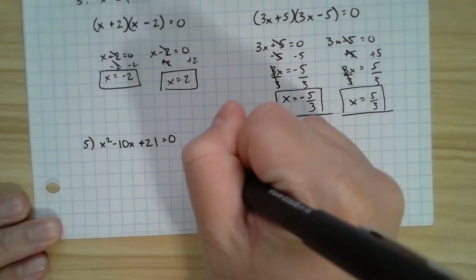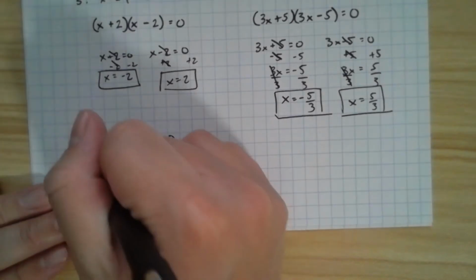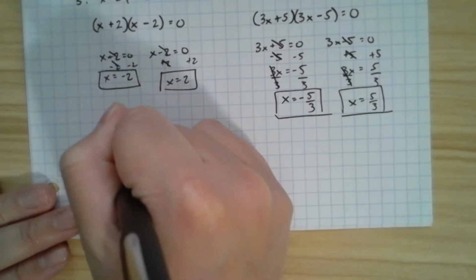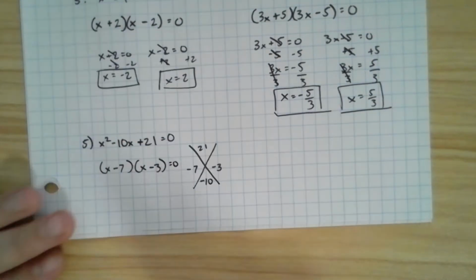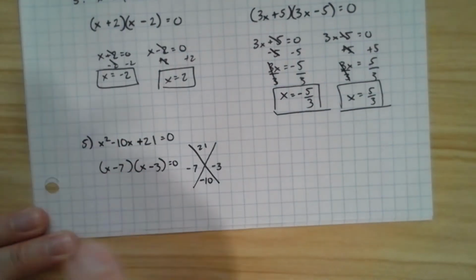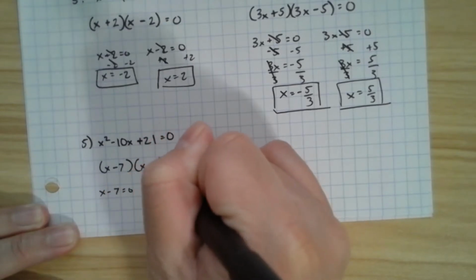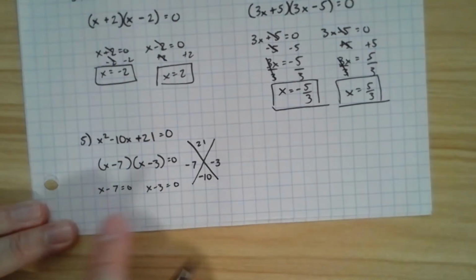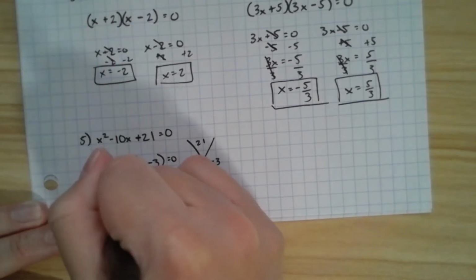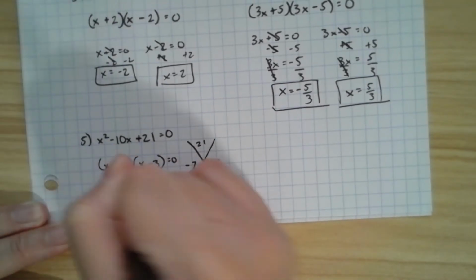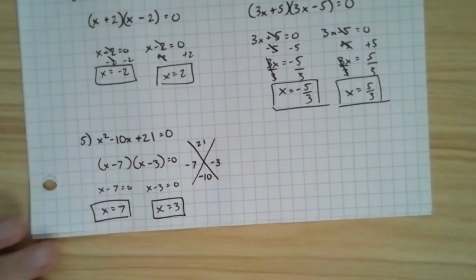That'll be negative 7 and negative 3. So then this will be x minus 7 and x minus 3. That's equal to 0. Set each factor equal to 0. And if I solve each of these, right here add 7, right here you add 3. Okay, here are my two solutions.